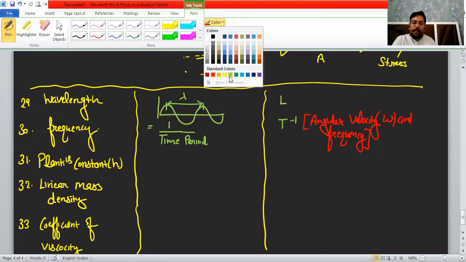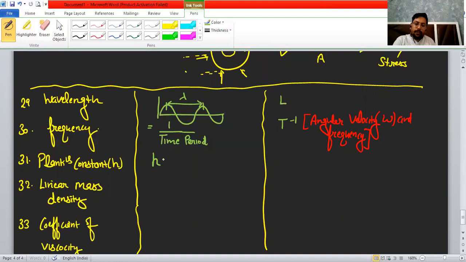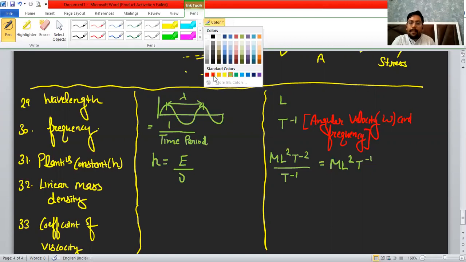Planck's constant is the ratio of energy to the frequency. So energy you know is ml to t minus 2, divide frequency which is t minus 1. So we get ml to t minus 1. ठीक है. This Planck's constant have same dimensions as angular momentum.